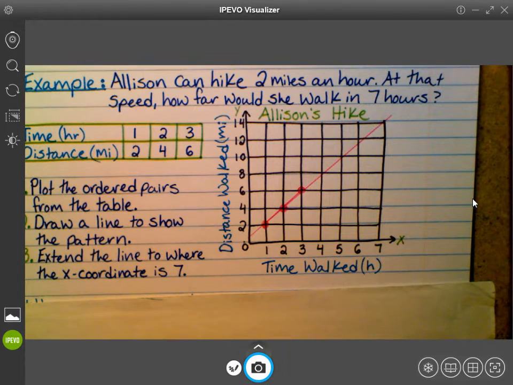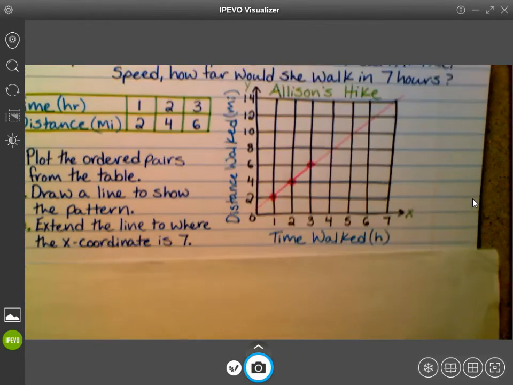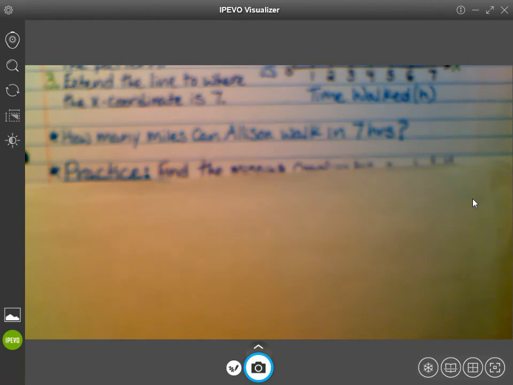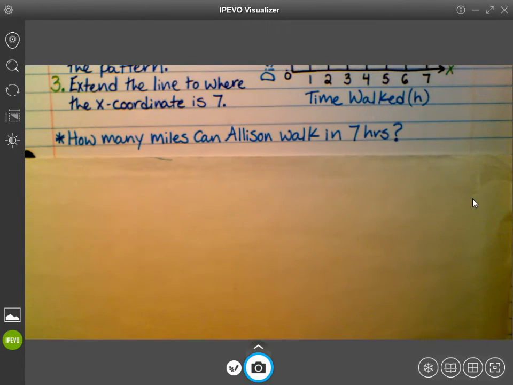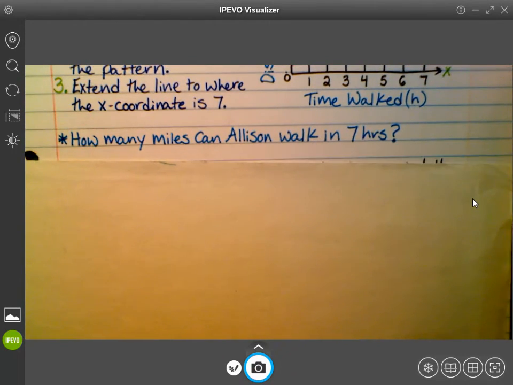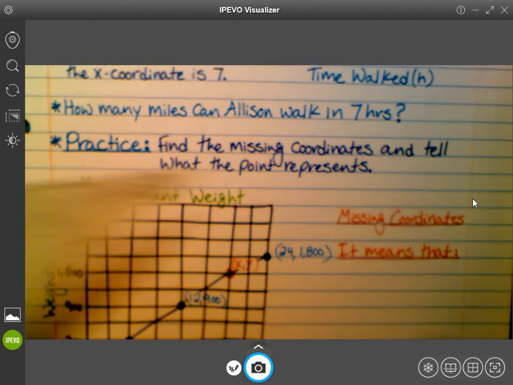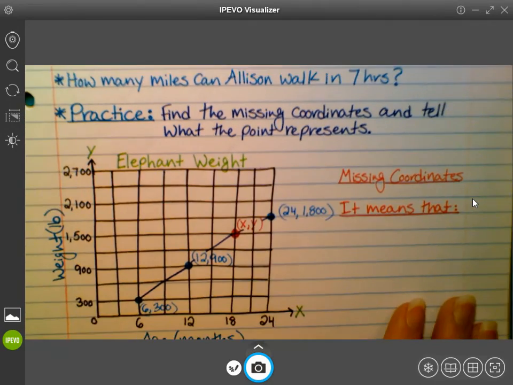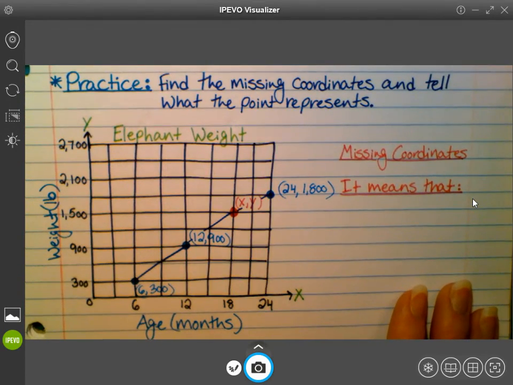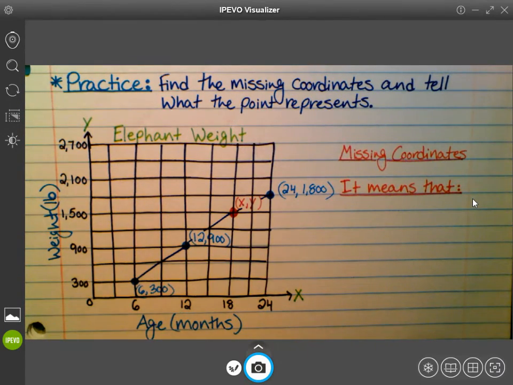Okay, quickly, I'm going to show you another problem. You do not need to graph this or write this coordinate grid. You're going to just look at it on the screen. So how many miles can Allison walk in 7 hours, 5th grade? 14 miles. Nice job. Okay, so for this one, again, you are not writing this. You're looking at it. For this practice problem, it says, find the missing coordinates and tell what the point represents.